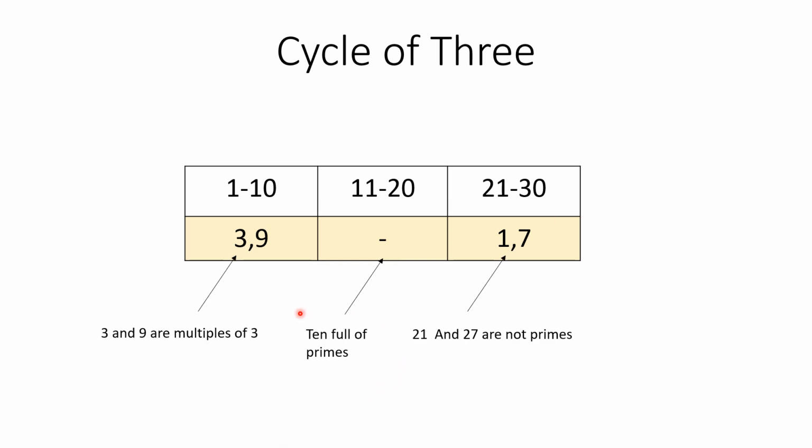So you can see this 10 full of primes, what I told you that I call a cyclic prime 10, that the mathematician, the PhD I was with, called empty boxes, right? 3 and 9 are multiples of 3, and 21 and 27 are not prime numbers, as I said already.